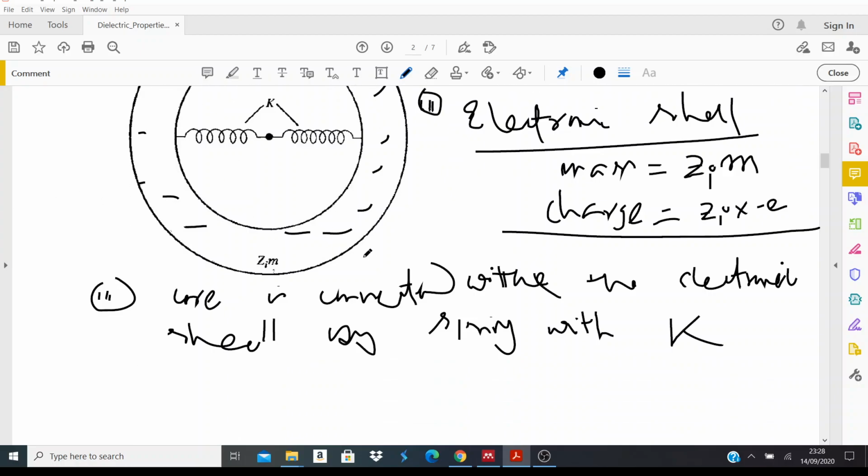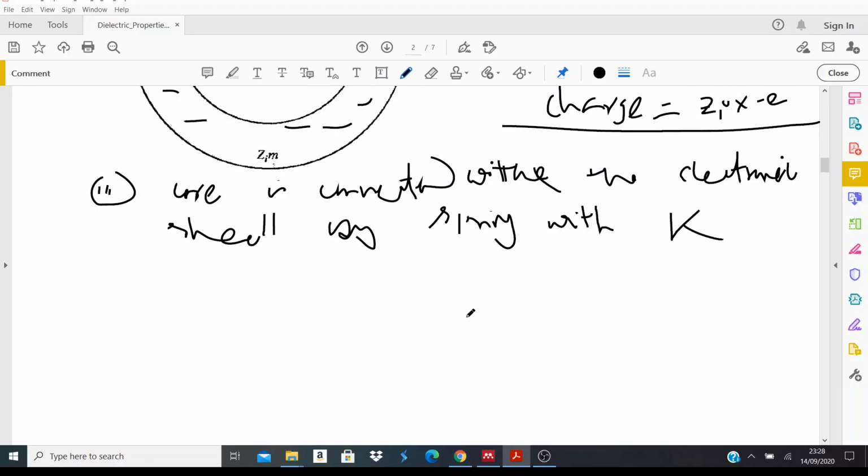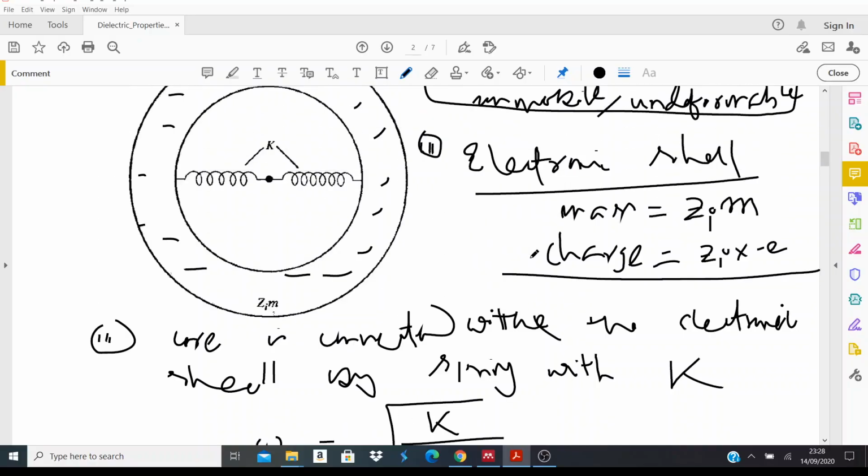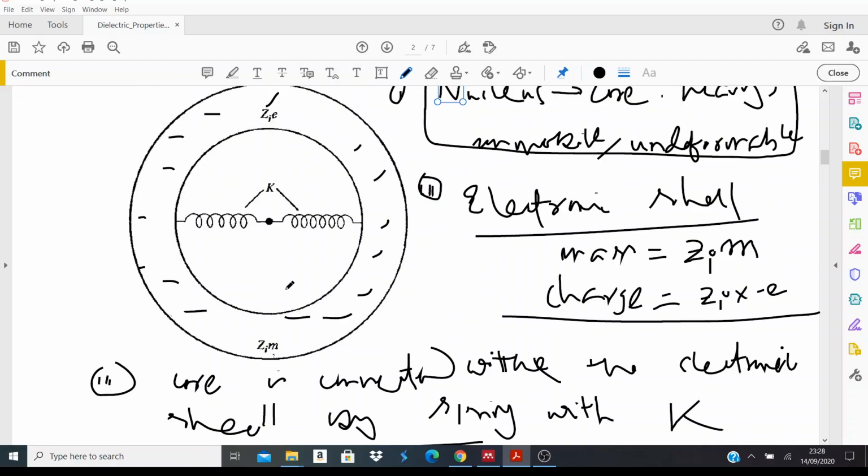Now, if we have some mass and a spring constant, what is the natural resonance frequency of the spring? The angular resonance frequency, to be more correct, is the square root of the spring constant divided by the mass. What is the mass we are considering? The part that is really moving is the electronic shell, because the nucleus is infinitely heavy.